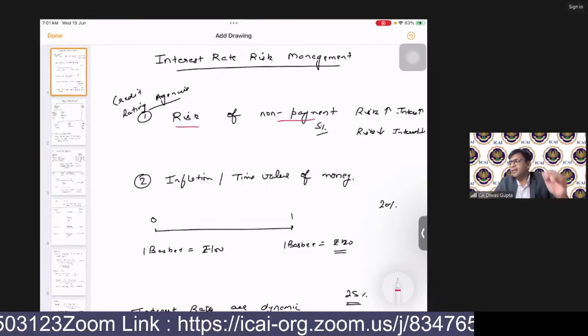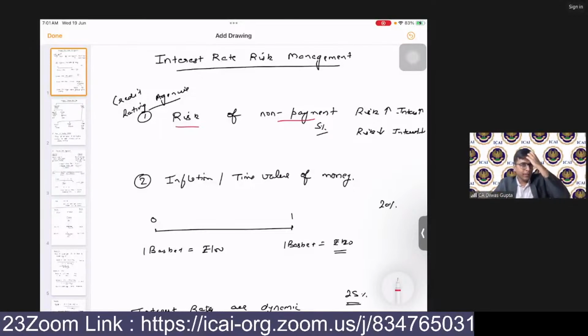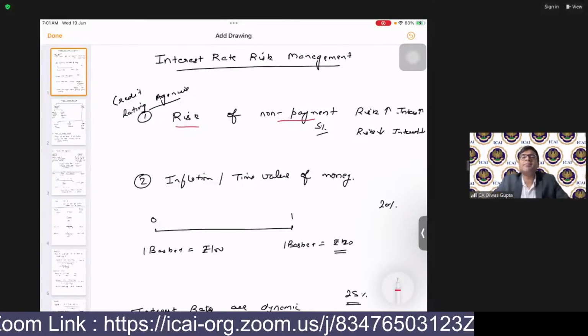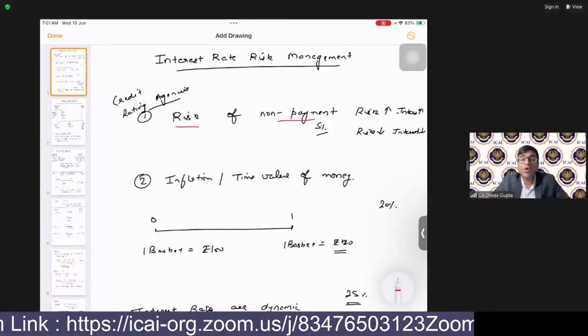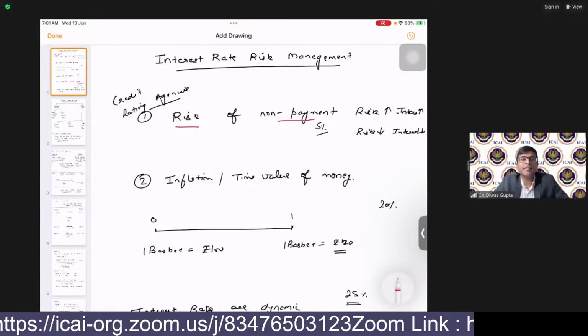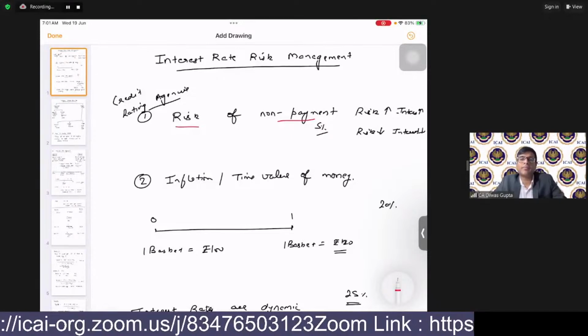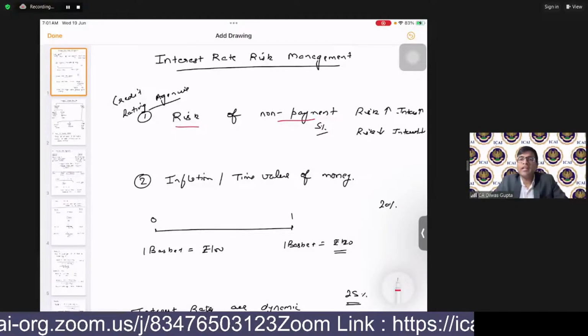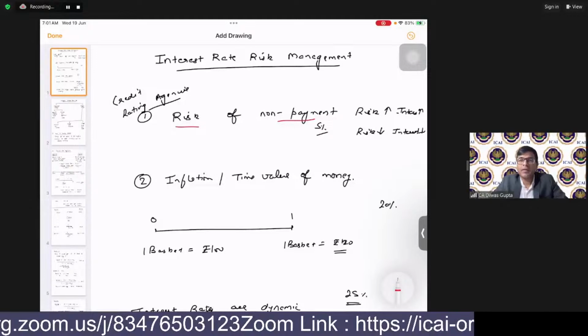Then second, students, all of us know that any currency is not constant. The purchasing power of that currency is not constant. It will keep on changing, right?